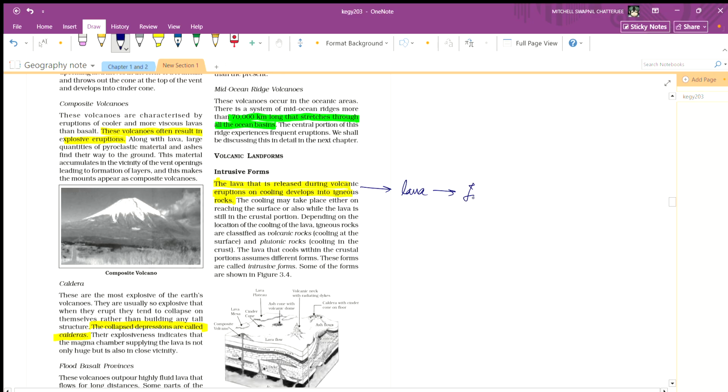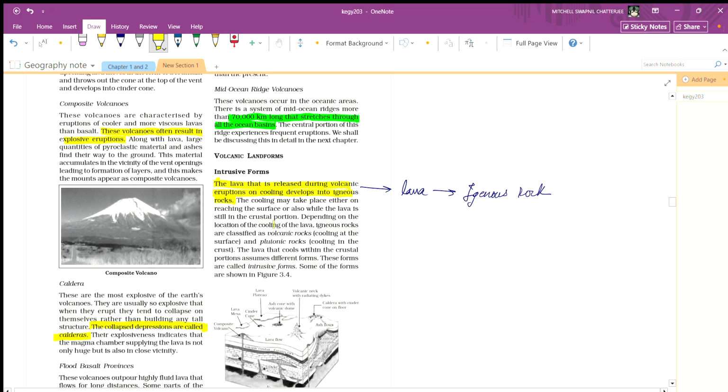Cooling may take place either on the surface or while the lava is still in the crustal portion, depending on the location of the cooling of the lava.